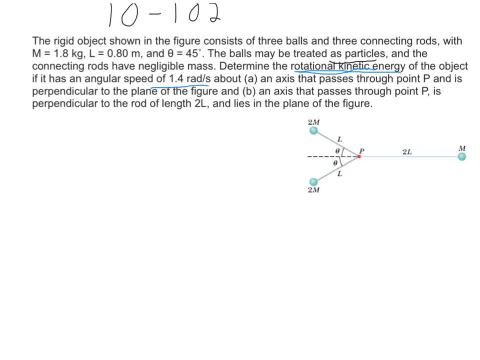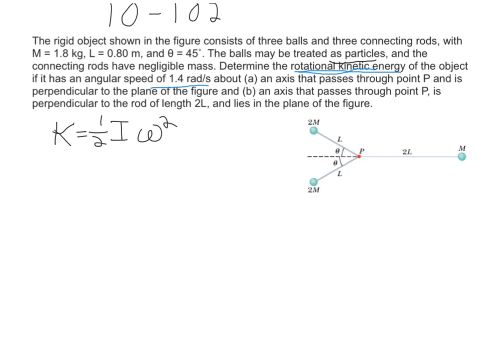To remind ourselves, the kinetic energy for something rotating is equal to 1/2 I omega squared. So it looks just like linear motion, but instead of mass we have rotational inertia, sometimes referred to as rotational mass, and instead of velocity we have angular velocity omega.